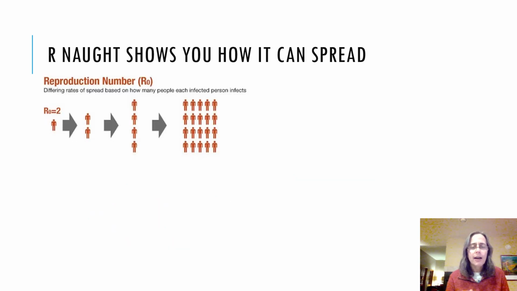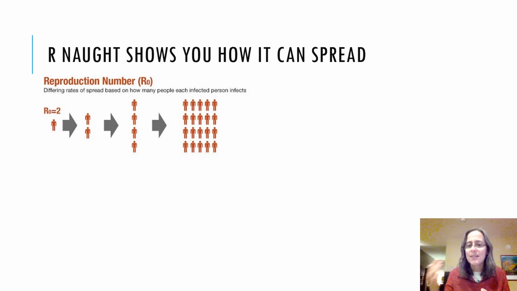So let's take a look at how this plays out. If I have an R naught of 2, for example, that one person is going to infect 2 people. Those 2 people are then going to each infect 2 people, so now I have 4 people. Then each of those 4 people are going to infect 2 people, so now I'm going to have 8.